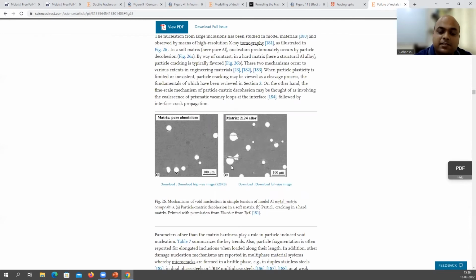This is what we discussed. It depends upon the nature of the interface, right? It can either debond or you can see the fracture of the particles themselves, and from there the voids are going to nucleate. This is how voids nucleate in a given ductile alloy or metal.